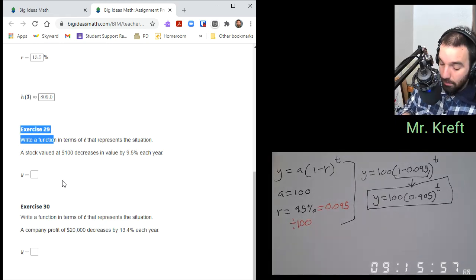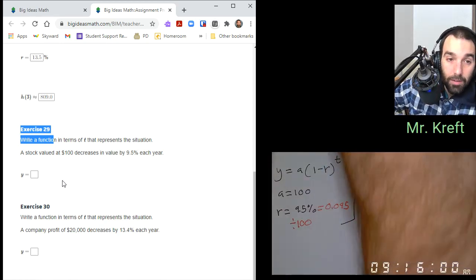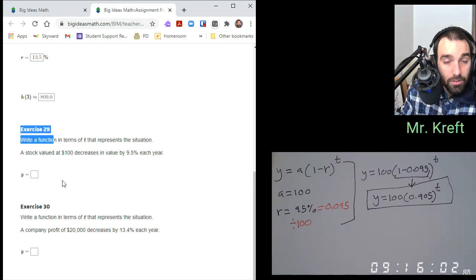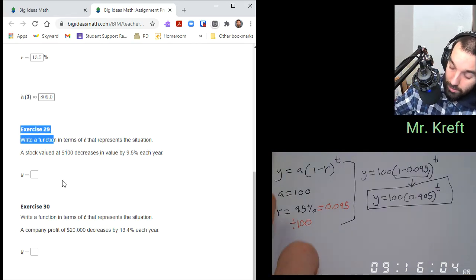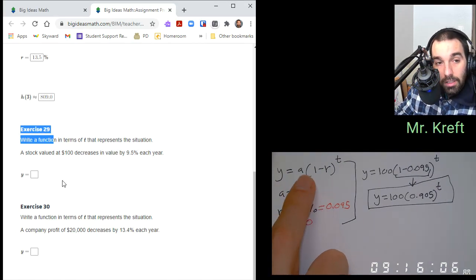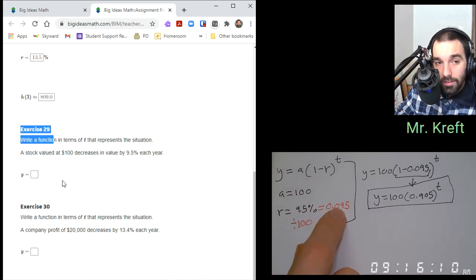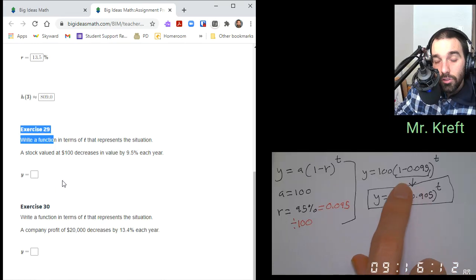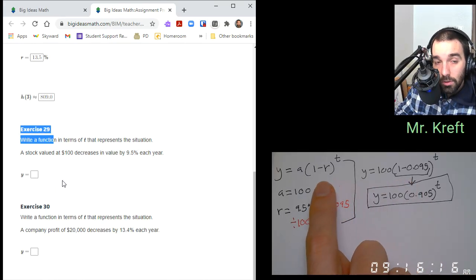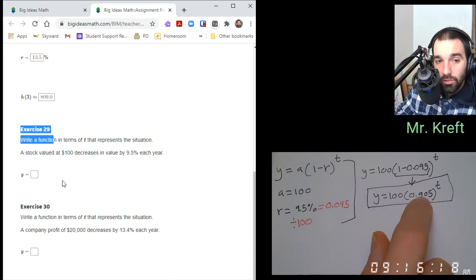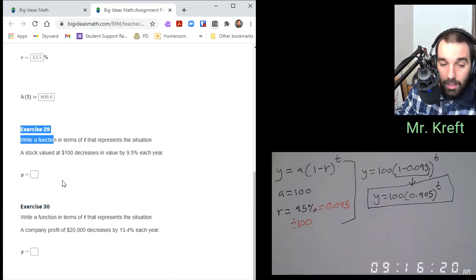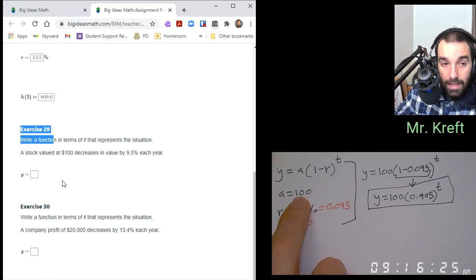So that's what you do for problem 29. We have to figure out, is it increasing or decreasing? Since it's decreasing, write down the formula for decreasing. We need to figure out the a and the r. If it's in percentage form, we want to put it into decimal form. And then just remember, especially with decreasing, we want to compute that so we get a number. How did I get the a?